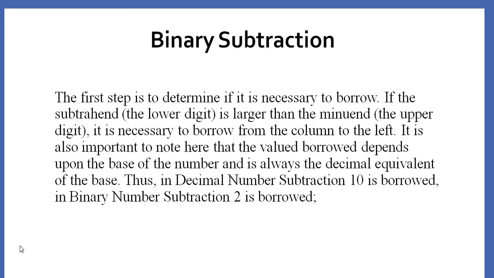Otherwise you can't subtract a higher digit from a lower digit. It is also important to note that the value borrowed depends on the base of the number and is always the decimal equivalent of the base. That is, in decimal subtraction 10 is borrowed, in binary subtraction 2 is borrowed. Next slide.